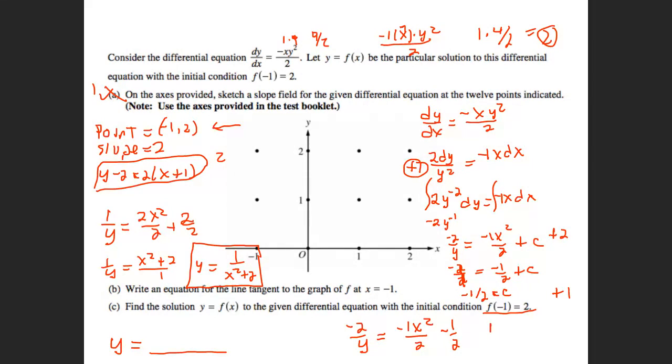So my suggestion is as soon as you take the integral and you get the y is equal to, plug that back in to get your value. It's going to help you out immensely. All right, so it's probably one of the easier types of problems to get full credit for.